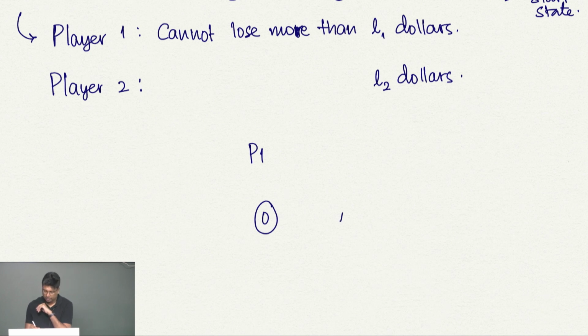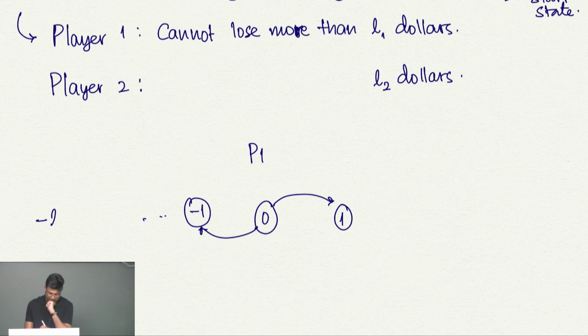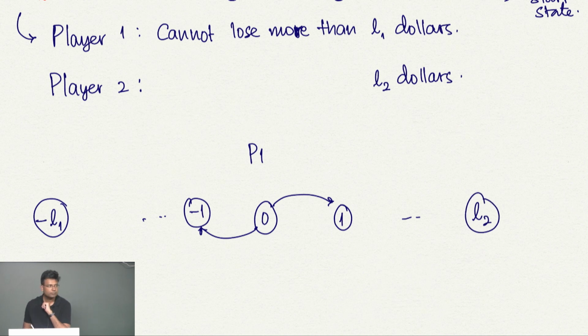With certain probability he'll gain money, and with certain probability he'll lose money. This is until minus L1, and this is until plus L2. If player 1 reaches minus L1, he loses. If player 1 reaches L2, he wins.